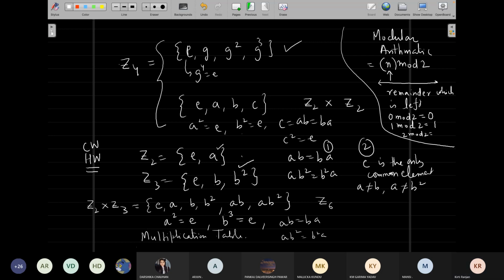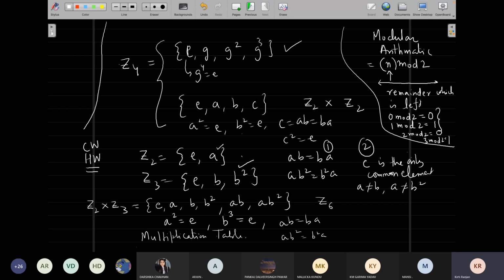Remainder, 0. 3 mod 2? 1. 4 mod 2? 0. That means that you are mapping all the even elements to 0 and all the odd elements to 1 in this integer set. So think about it.